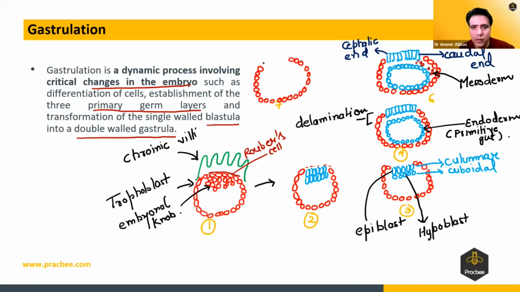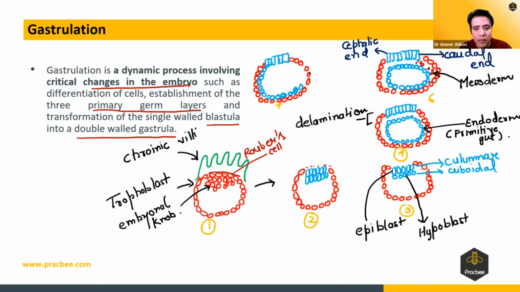This is the trophoblast cell, and these are epiblasts. Now I'm not drawing the inner two, I'm just drawing the outer one, that is ectoderm. This epiblast cell continues to multiply without detaching itself.